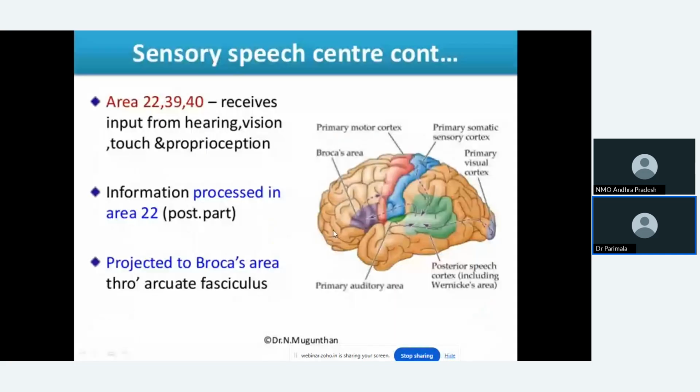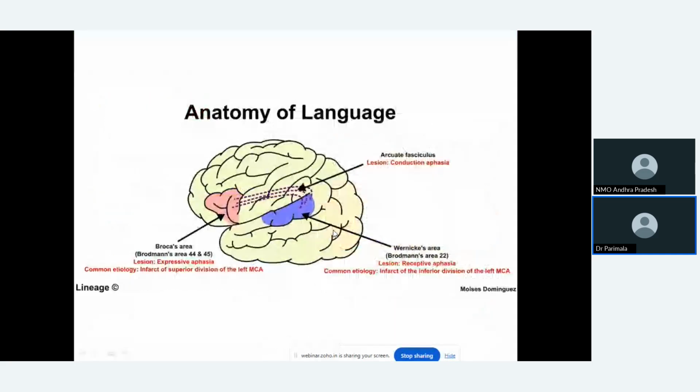So, we'll close these functional areas by telling about the speech. The motor speech, that means we are talking because of the normal function of the motor speech area, Broca's area, 44 and 45. Where is the speech area located? For right-handed persons, the left hemisphere is called dominant hemisphere and it is the speaking brain.